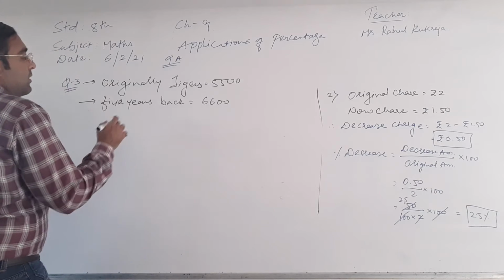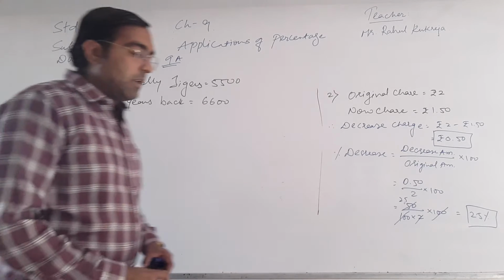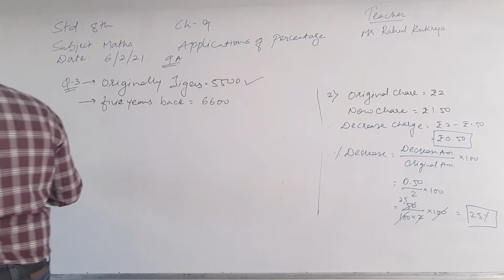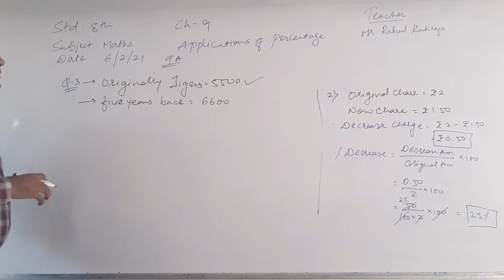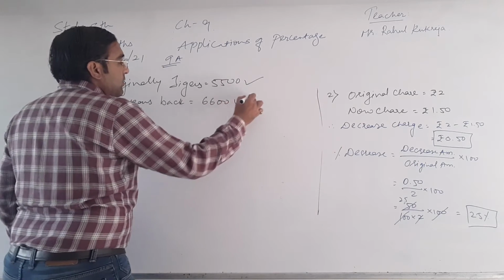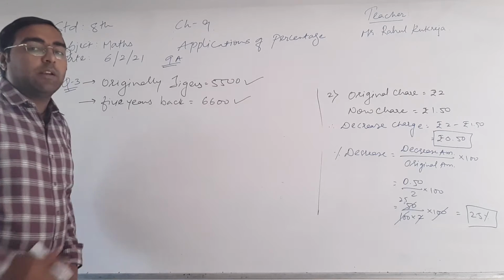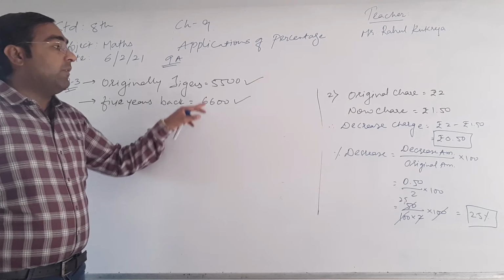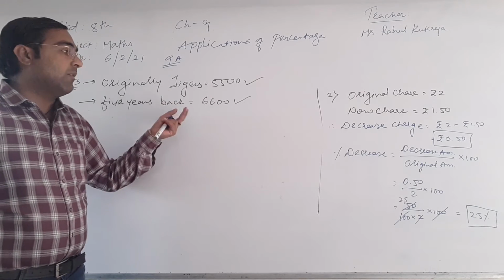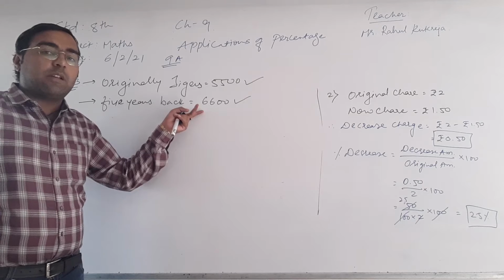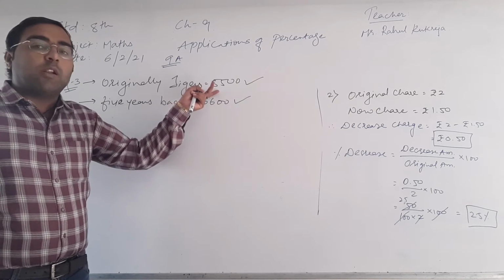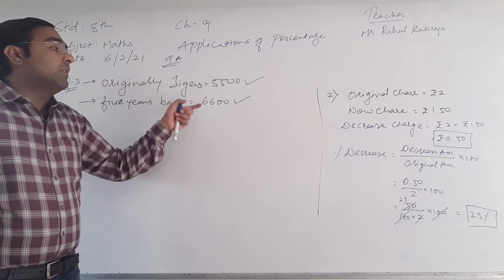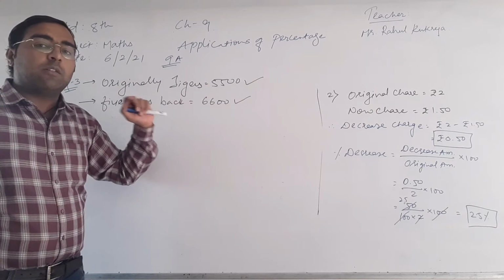So here, now the tigers are 5,500, but 5 years back the tigers were 6,600. So here clearly we notice that from 5 years back until now the number of tigers has decreased. 5 years ago the number of tigers was 6,600 and now it is 5,500. So from the last 5 years the number of tigers has continuously decreased.